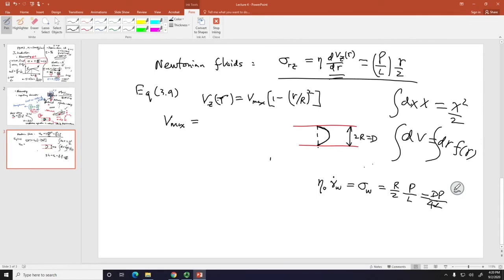I just want to reduce this maximum velocity in the notation that is defined here. So I noticed in my equation 3.11, I have the maximum velocity expressed as P over 16L D squared over eta.